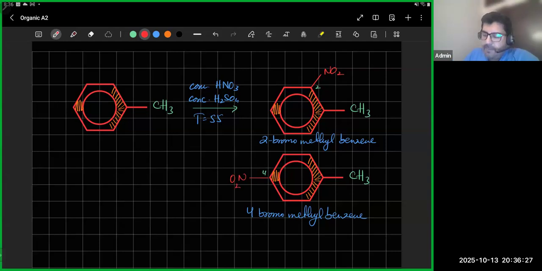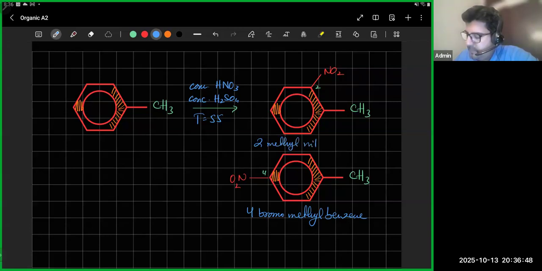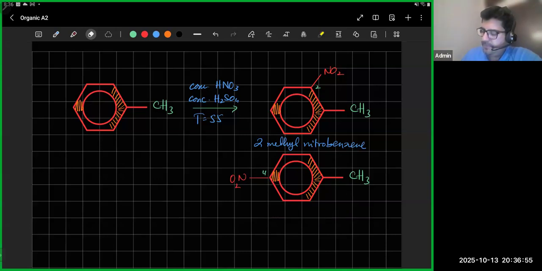And the name of the molecule in this case is going to be 2-methyl nitrobenzene. And this one is going to be 4-methyl nitrobenzene.